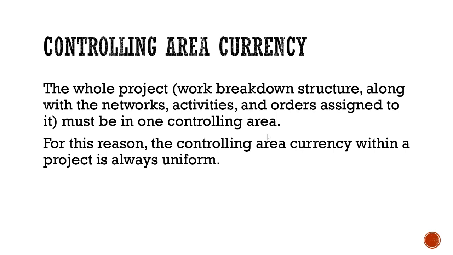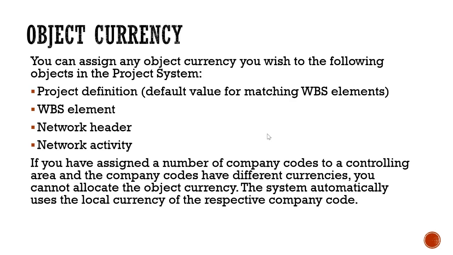So the entire project structure and the assignments assigned to it will have the same controlling area currency. Next, if you see object currency, you can assign any object currency. It is independent, it is not dependent like the controlling area currency, but here it is independent.